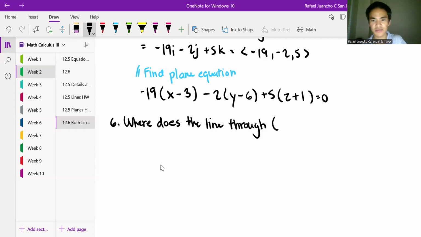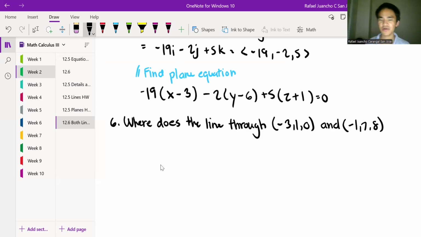It passes through this point here and another point, which is this point here. So for a line, we need a point and a direction vector that's parallel, right? We can actually find the direction vector here, just so you know.